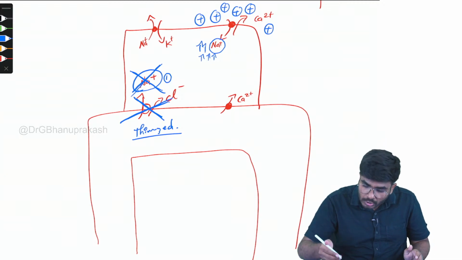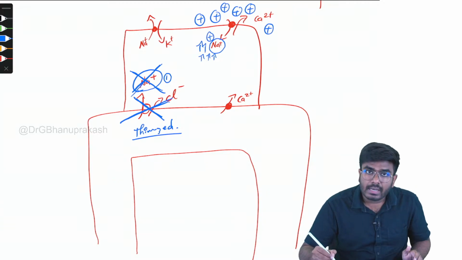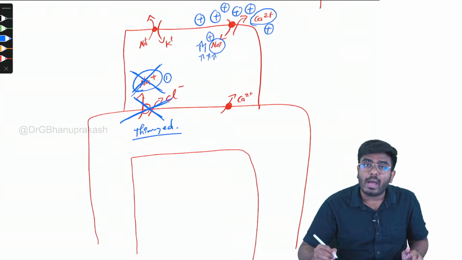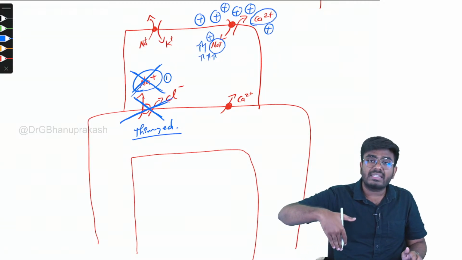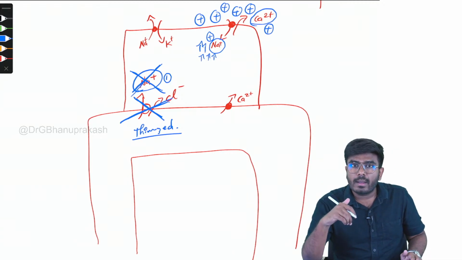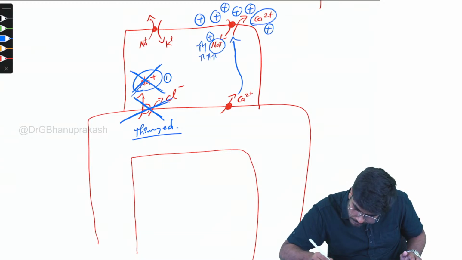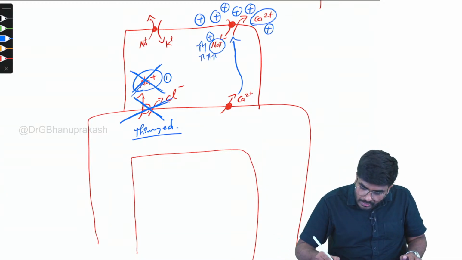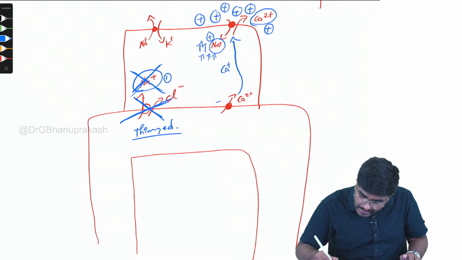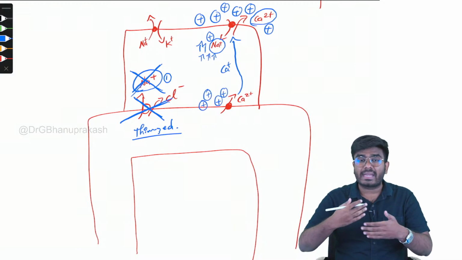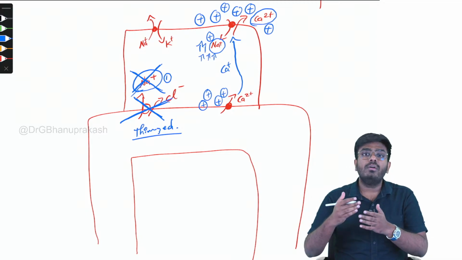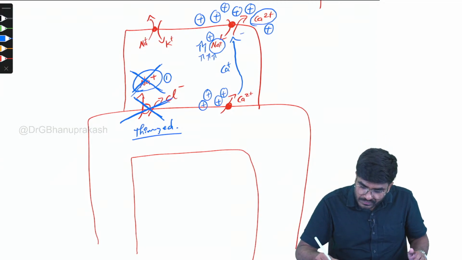Now, in order to bring sodium into the cell, it has to throw calcium out into the blood. It has to send the calcium back into the blood. Now, from where can it get the calcium? It can get the calcium via this route. So again, this calcium channel is now activated. The sodium calcium exchanger is working more.